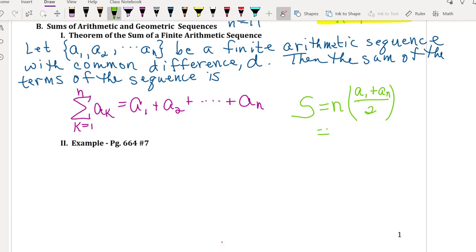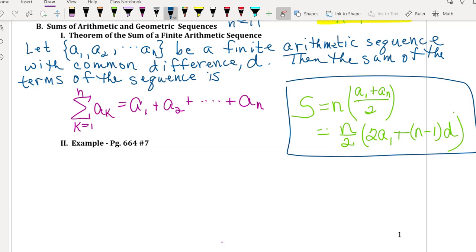To use the original formula, we have n over 2 times 2a sub 1 plus n minus 1 times d. So our original form for an arithmetic sequence, general term, is in that one. So either one of those will work to find the sum of a finite arithmetic sequence.